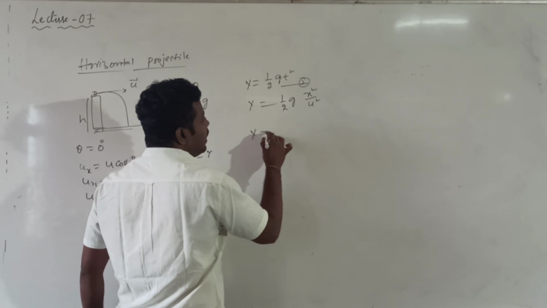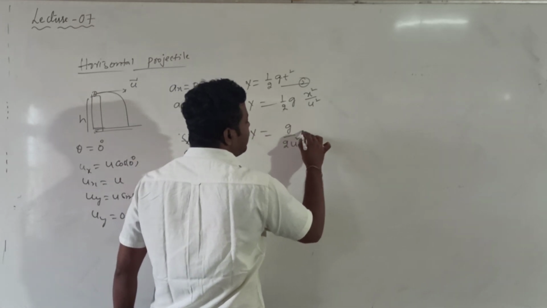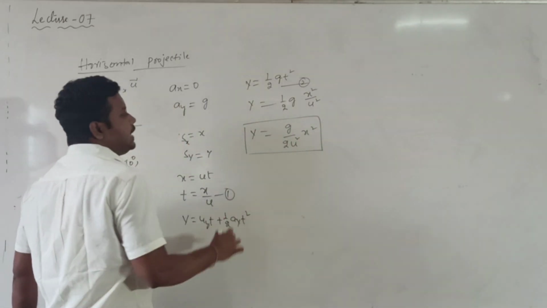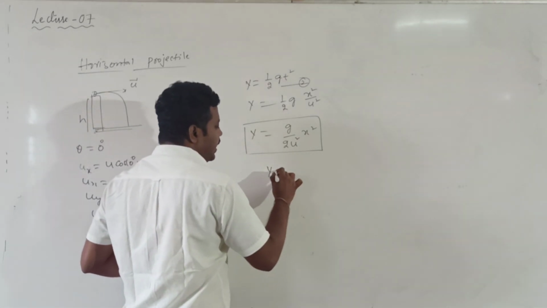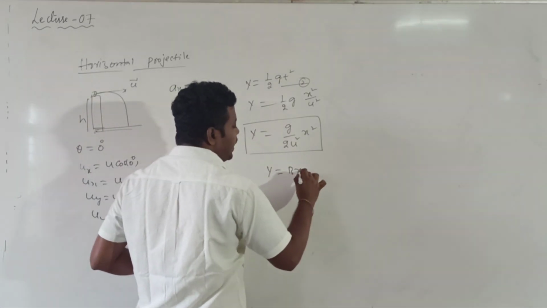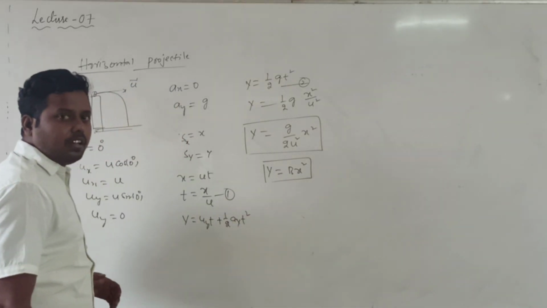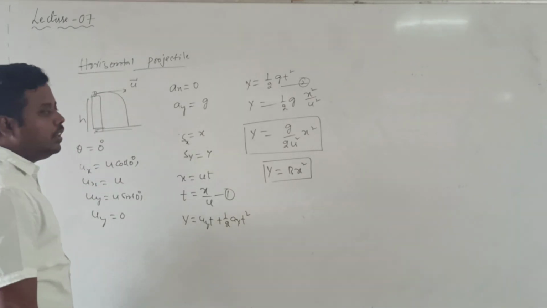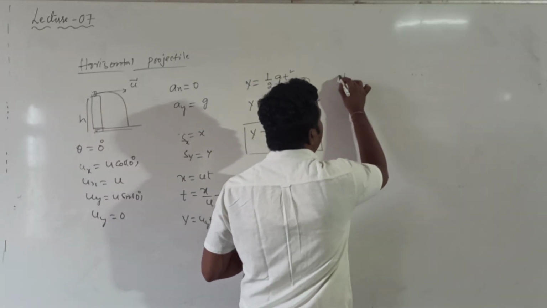Therefore y is equal to g divided by 2 u square into x square. So this is the equation for the trajectory of a horizontal projectile. Here also I can write y is equal to k into x square, so this is the equation for a parabola. Therefore the trajectory of a horizontal projectile is also a parabola. After calculating the trajectory, what is the time of flight?